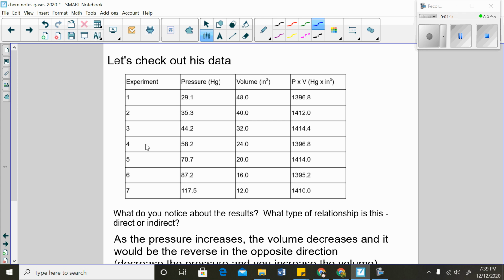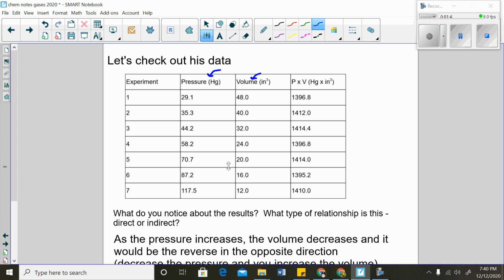So here are some of his experiments. He looked at the pressure of mercury and the volume of mercury. If you look at the pressure, what's happening to each of these numbers? They're going up and up and up. What's happening to the volume? It's going down and down and down. So what do you notice about those results?